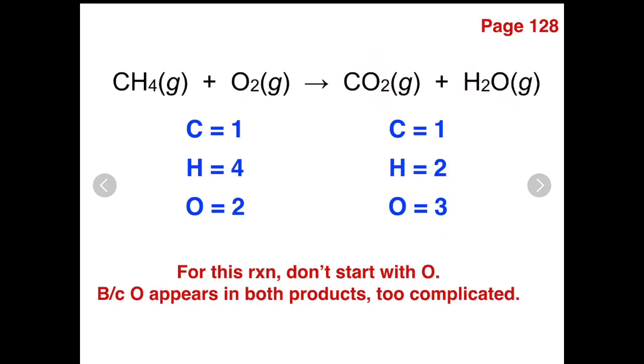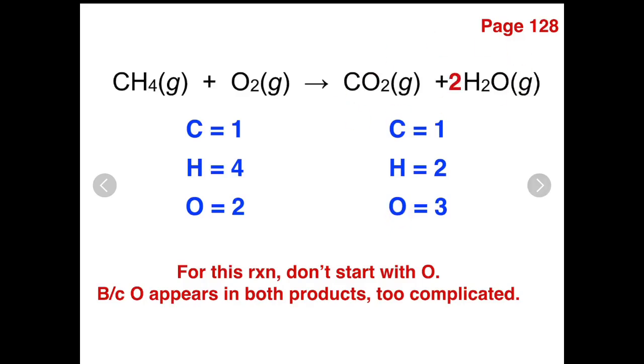So the first thing you need to avoid is starting with oxygen. The reason is that oxygen appears in both molecules of the products, and it's going to be too complicated to balance this, right? Which one are you going to add? So avoid the element that appears in more than one molecule on the same side.